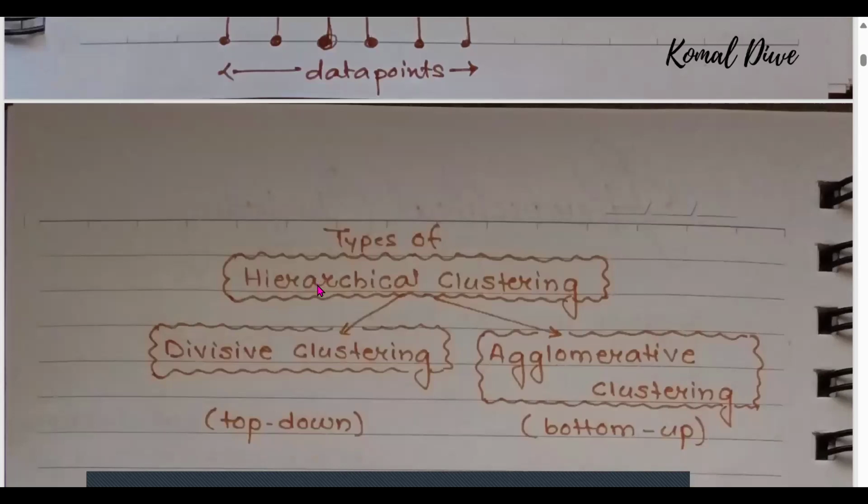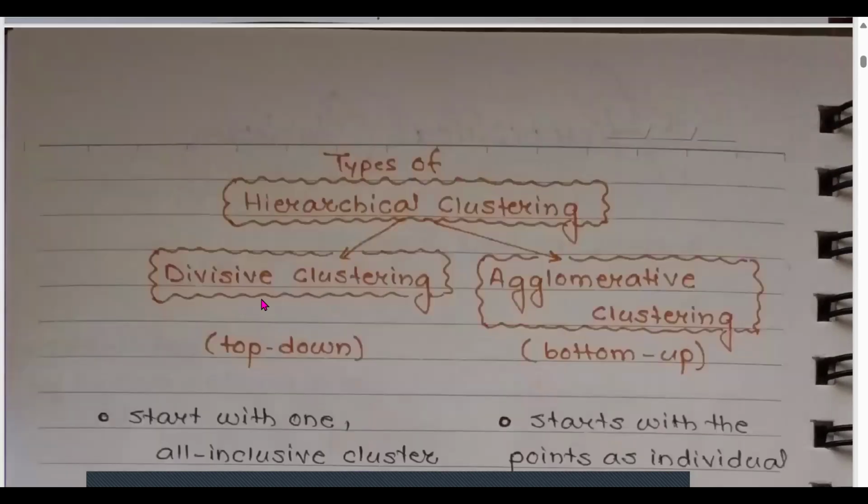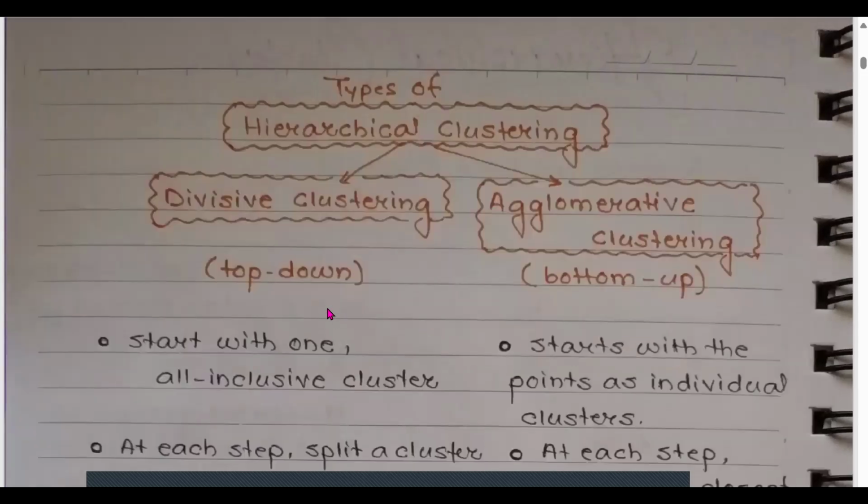Types of hierarchical clustering. First, divisive clustering. Second, agglomerative clustering. Divisive follows a top to down approach. Agglomerative follows a bottom to up approach.